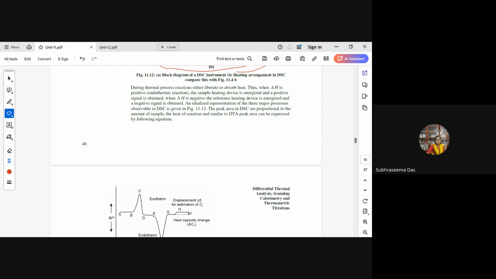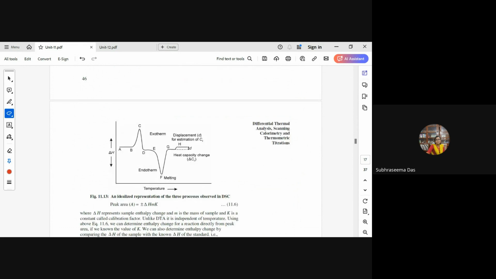The peak areas in DSC are proportional to the heat of the reaction. In figure 11.13, the figure plots delta H on the y-axis, and temperature on the x-axis. C represents the exotherm and F represents the endotherm.